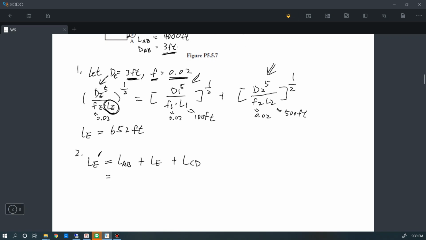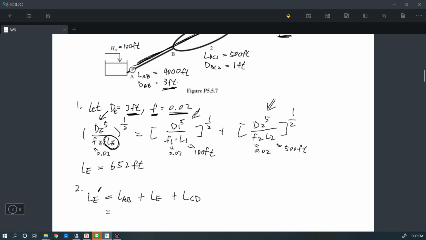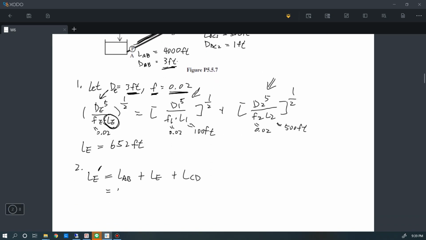This is 4,000 feet plus 652 feet for this number, and CD is equal to 1,140 feet. So in total, we have the length equal to 5,792 feet long.